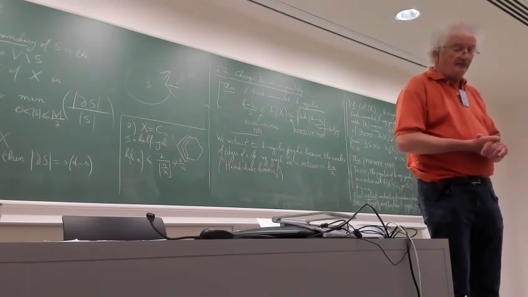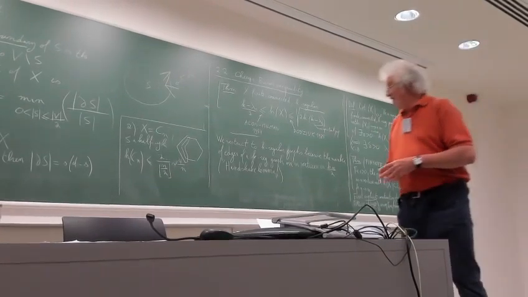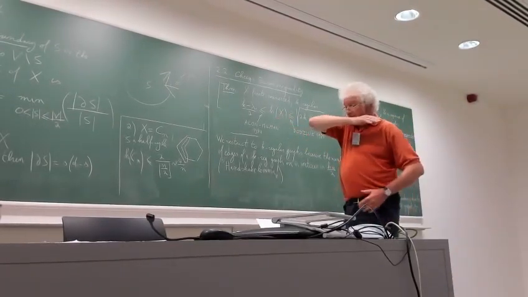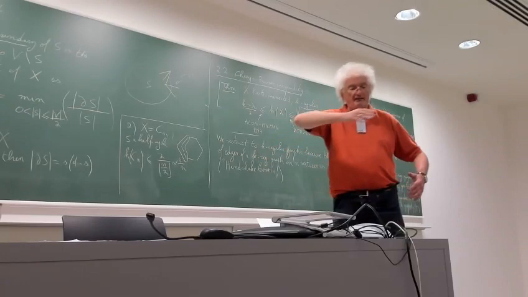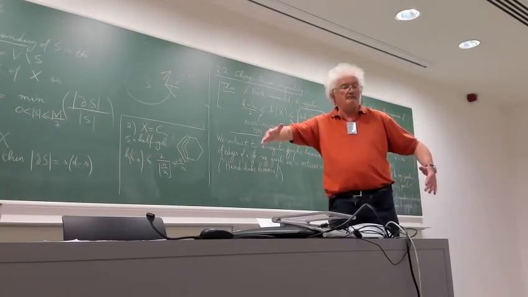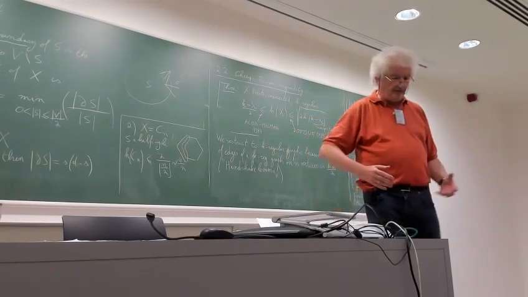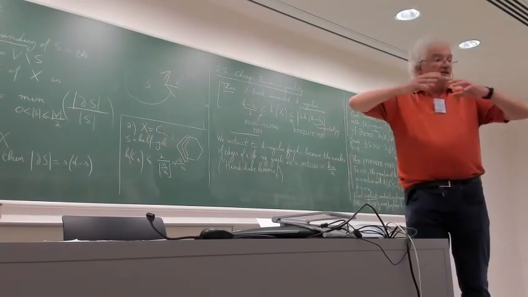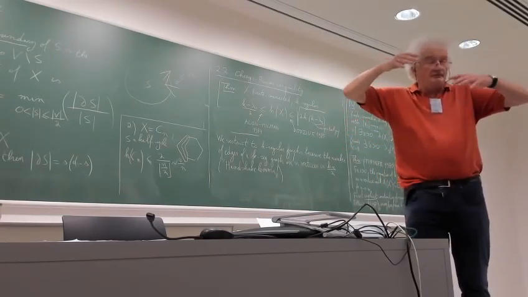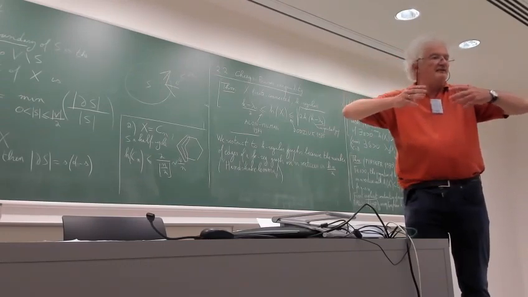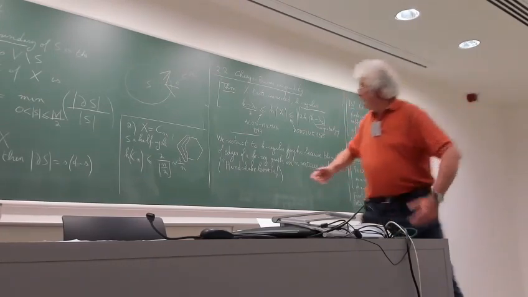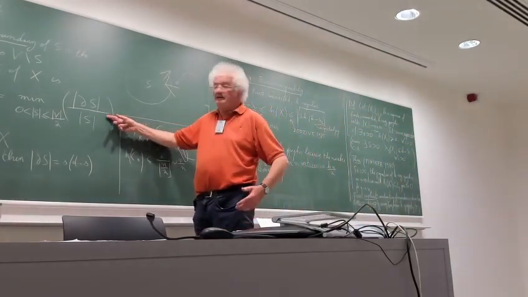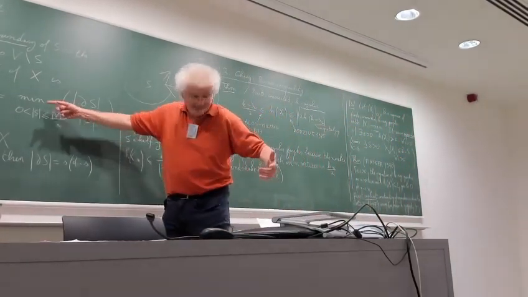You define the Cheeger constant by basically cutting your manifold in two by some hypersurface, and because your manifold is closed, you have two halves, and you take the Riemannian volume of one half.